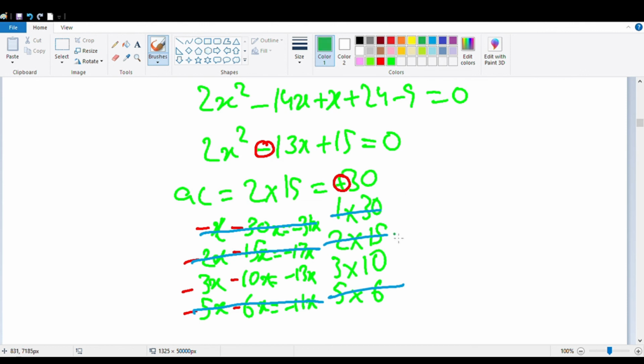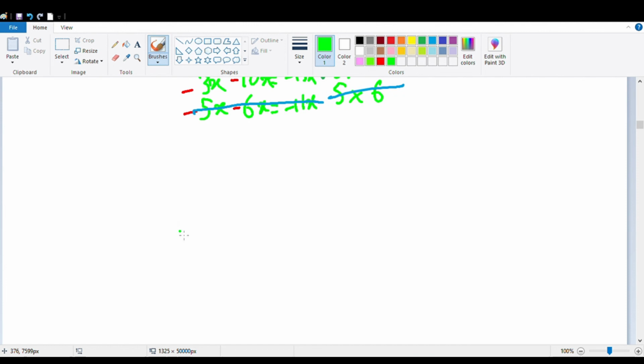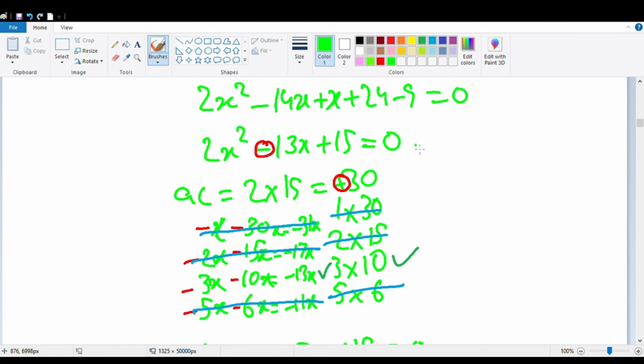So these are correct. So let's use the third. So it's 2x squared minus 10x minus 3x plus 15 is equal to 0. Is that right?